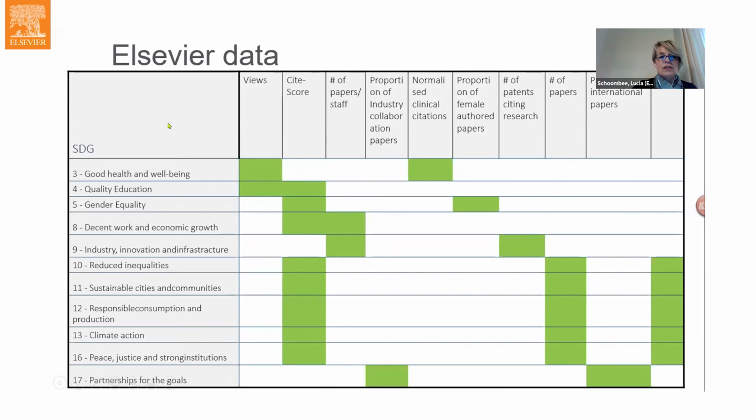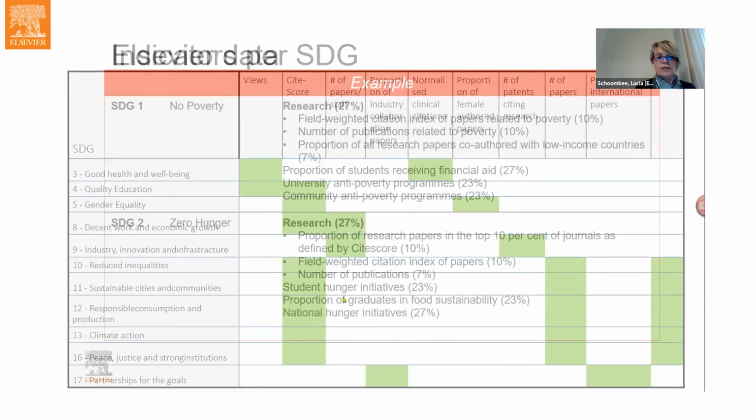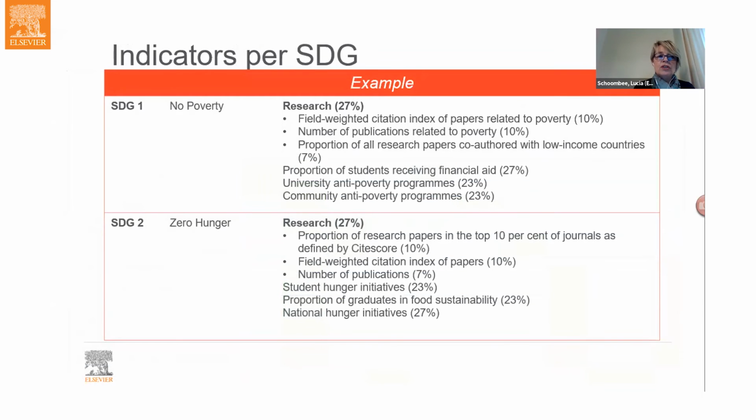For instance, if we look at gender, like we've been using as an example, it takes into consideration the site score as well as the proportion of female authored publications.